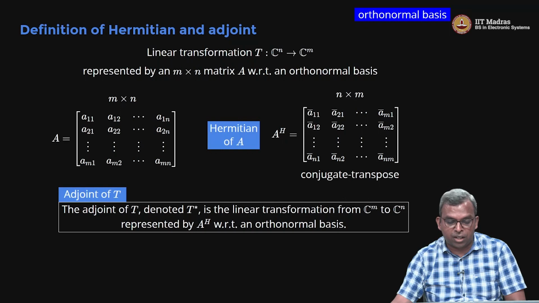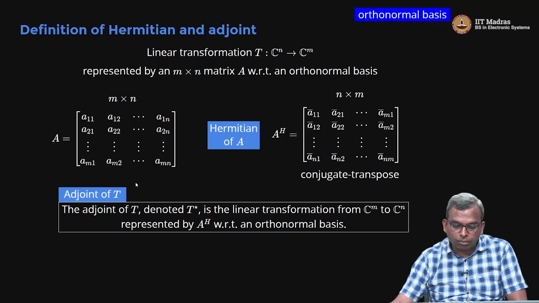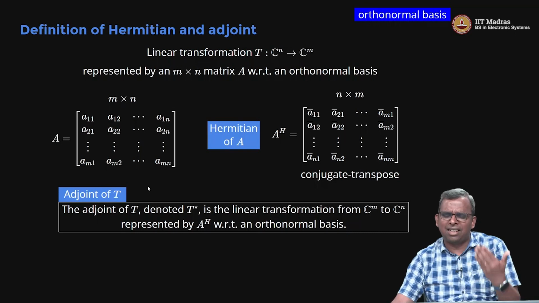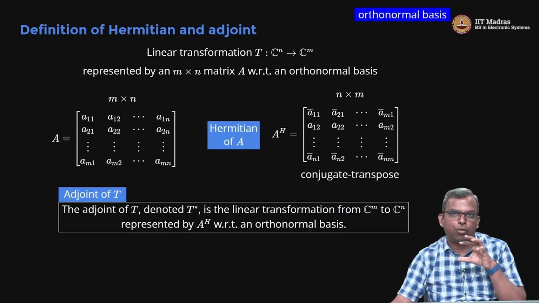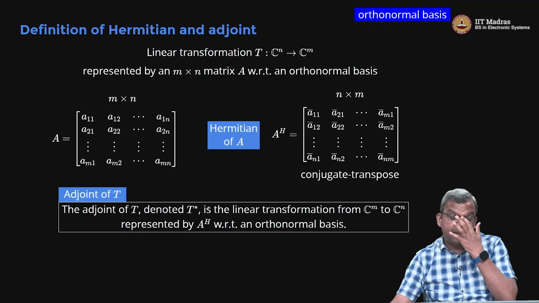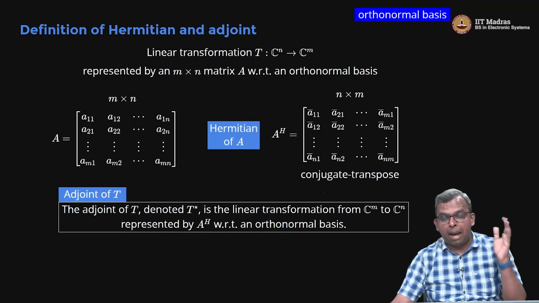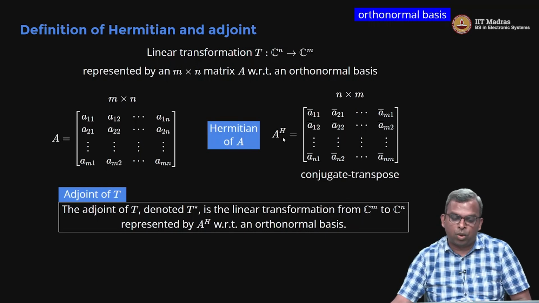It's basically the conjugate transpose. Okay, what is the adjoint of the operator T? This is how I'm going to define it, sort of a shorthand way of defining it. There are better ways of defining the adjoint, but we will use this simple definition for our purposes in this class. The adjoint of T, which we will denote as T star, is the linear transformation from Cm to Cn that is represented by A Hermitian.